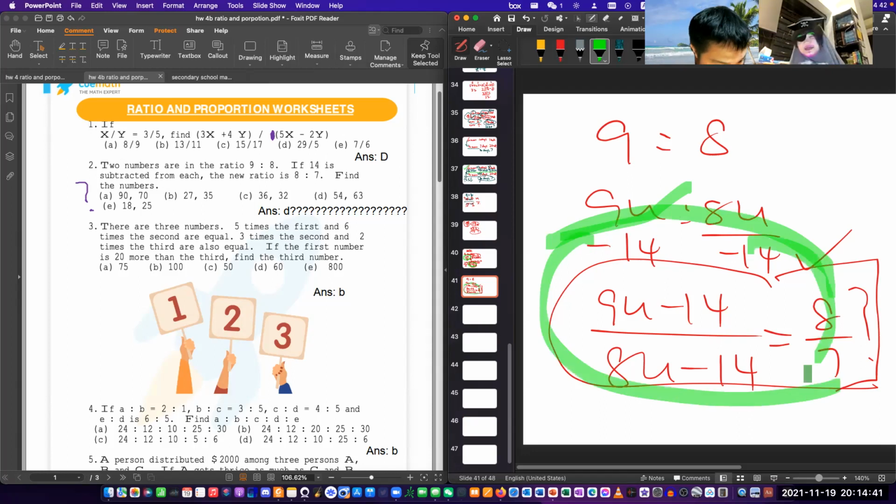So they are asking what? Find the numbers. Okay. Actually, you can use trial and error. One way is trial and error, so test A, B, C, D, E and see which one fits.